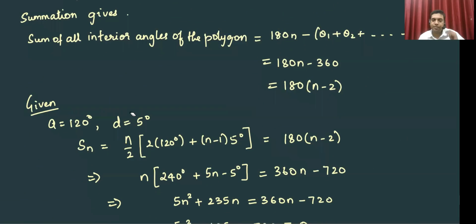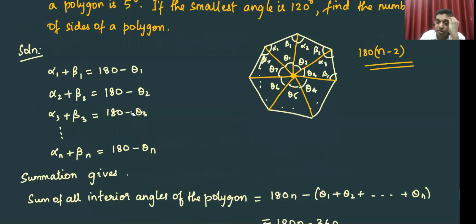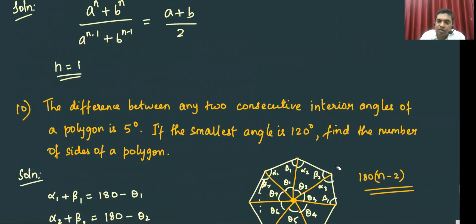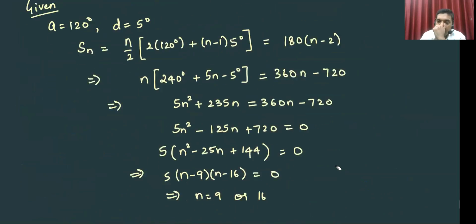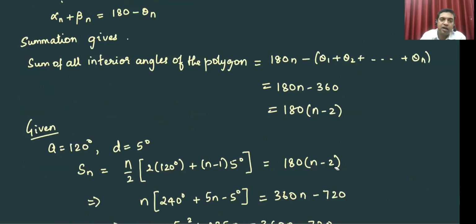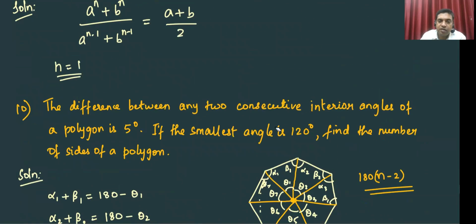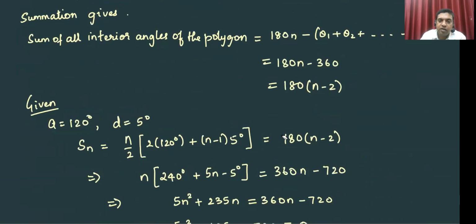There will be an irregular polygon. The question here does not say whether it is a convex polygon.